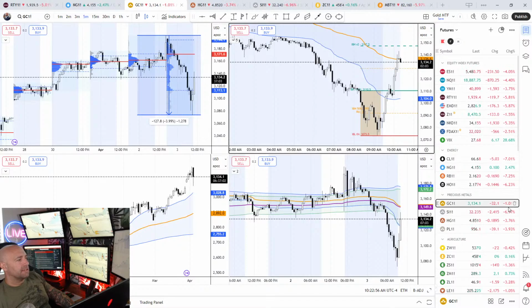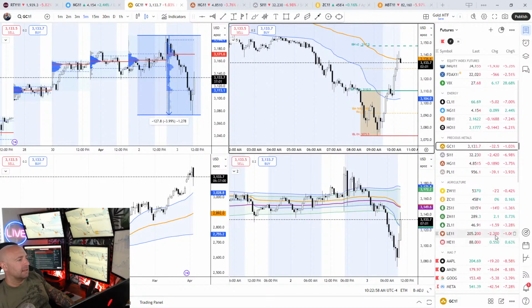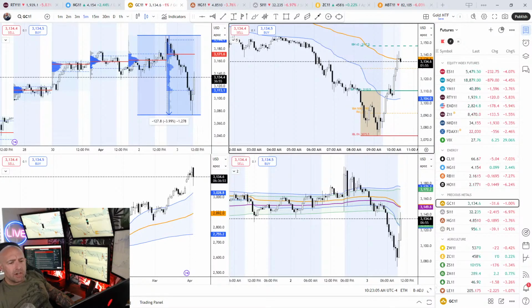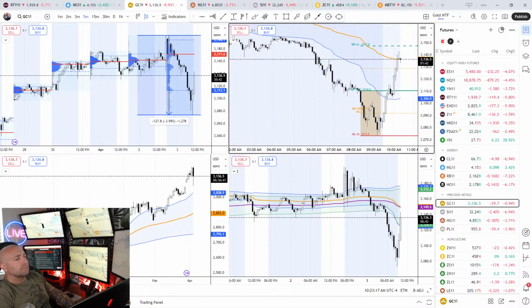Silver, off limits. Even some of these that are down 3%, it's dangerous territory. Yep. That's right.